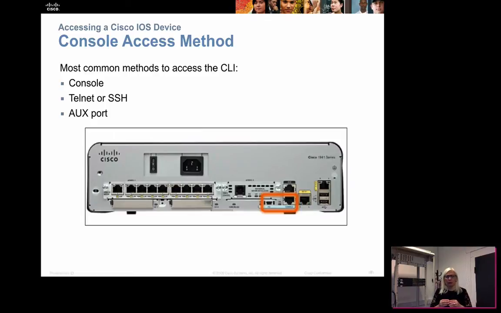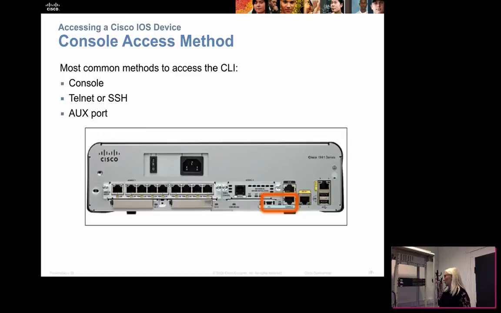We also need somehow to be able to connect to these devices, because if you buy a switch like this, well then of course you can just power it on and then it will basically work. But if you want to configure it, set up a VLAN or anything, you need to get access to it.